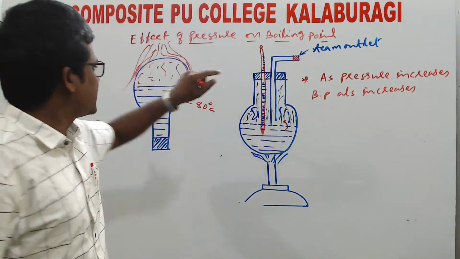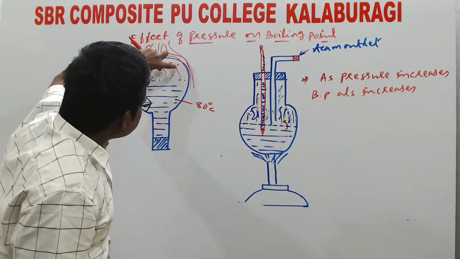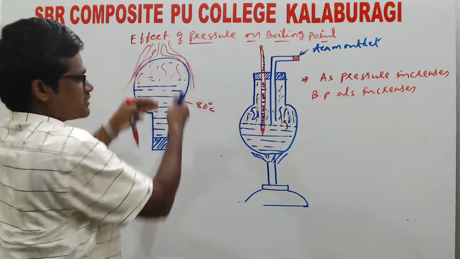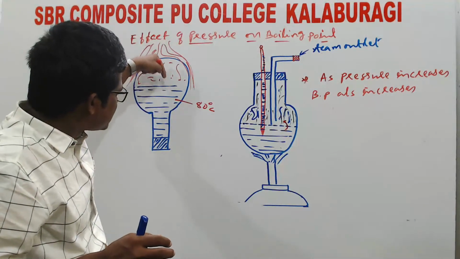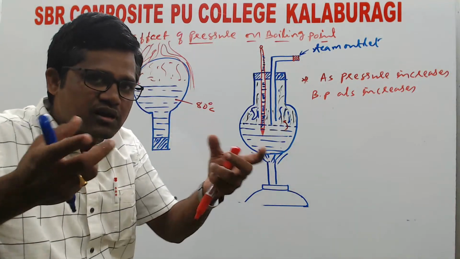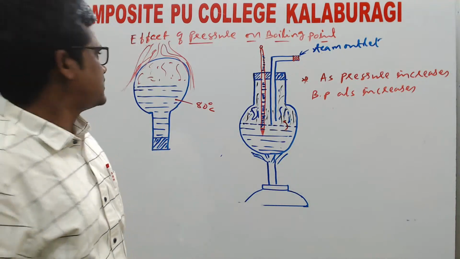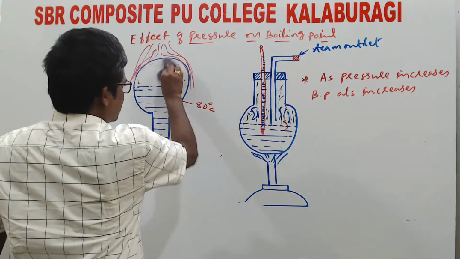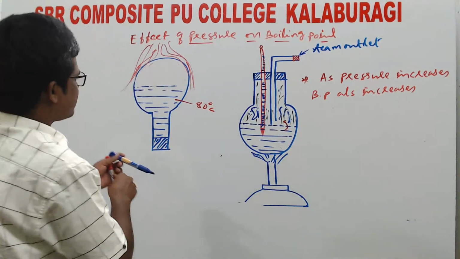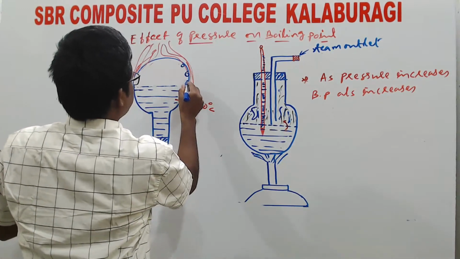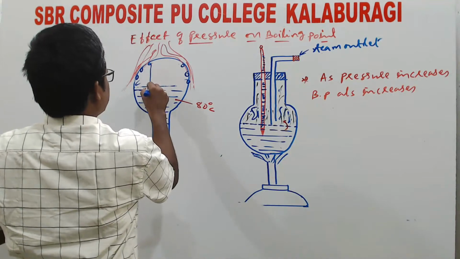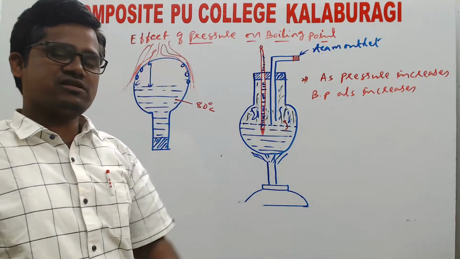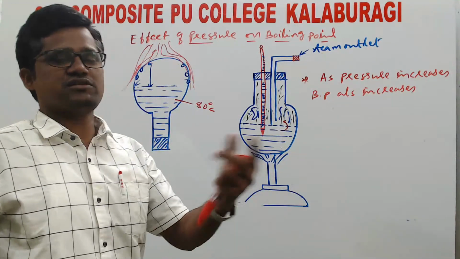Whatever pressure this vapor is creating on the surface of this water, that pressure decreases, because this vapor is there, no? That vapor is actually creating pressure here. As this vapor condenses and converts to droplets, the pressure decreases, and some water drops even fall. The content of vapor decreases, so automatically the pressure on the water surface decreases.